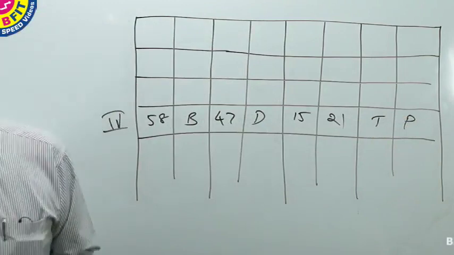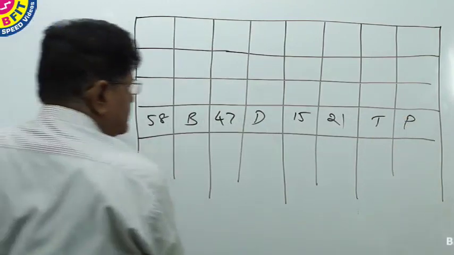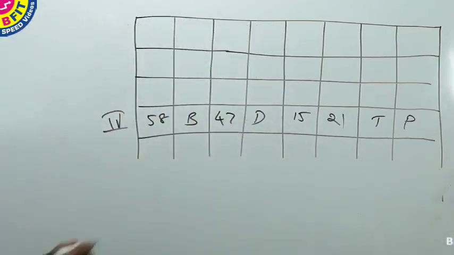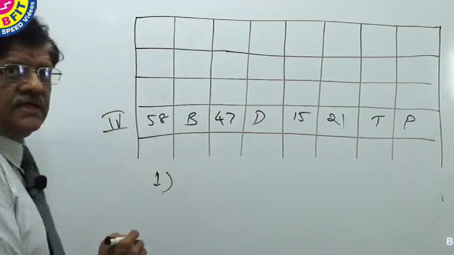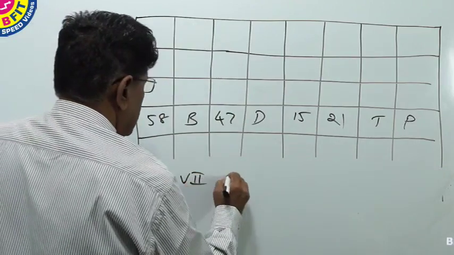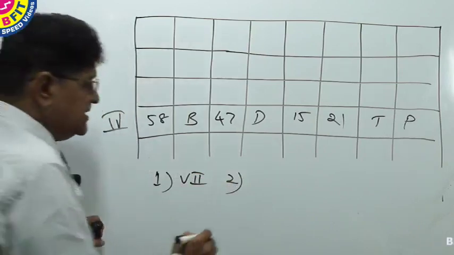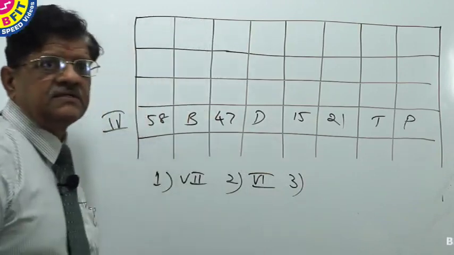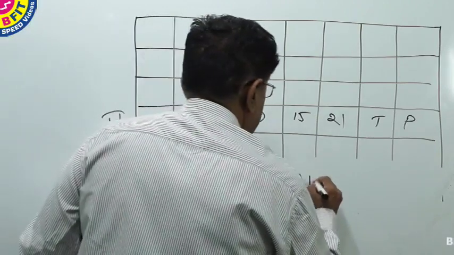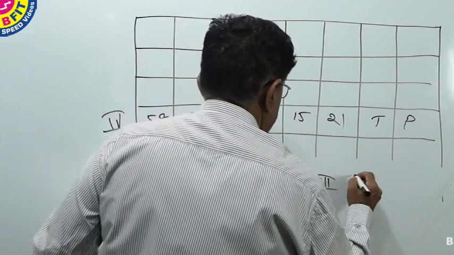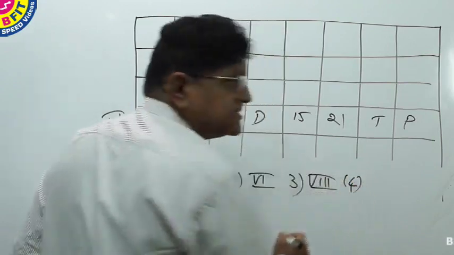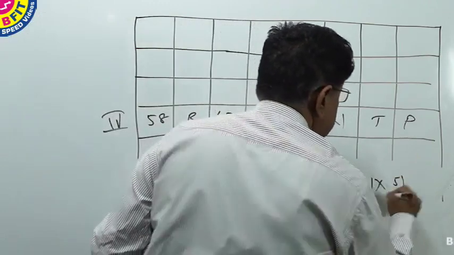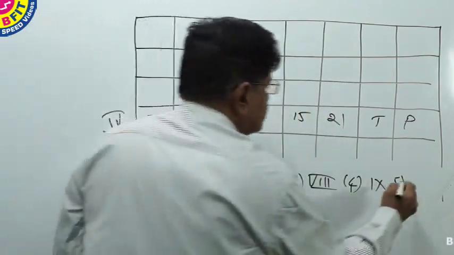What are the options given? Option 1 is 7, option 2 is 6, option 3 is 8, option 4 is 9, option 5 is 10.